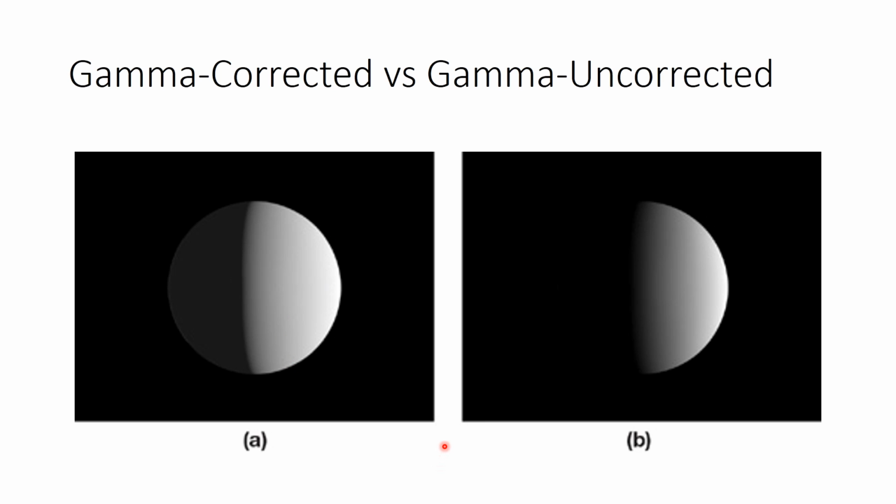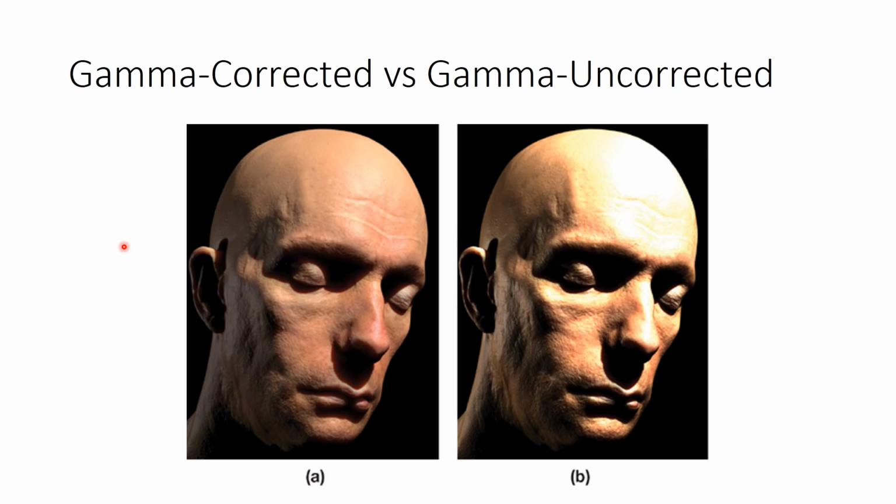In this one, you can see how this gamma corrected example looks versus this one. Here, dark colors are difficult to distinguish, but not here. This is an example of a skin technique and subsurface scattering.